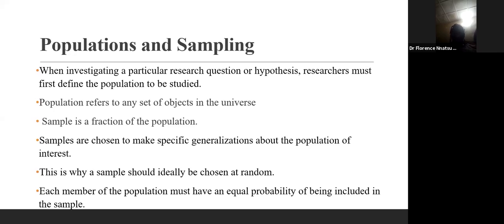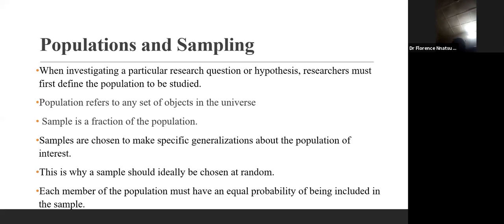We have population and sampling. When we talk about population in a study, we have to look at the population, and then we look at sampling. Sampling is a fraction of the population of interest. So when investigating a particular research question or hypothesis, a researcher must first of all define the population to be studied.